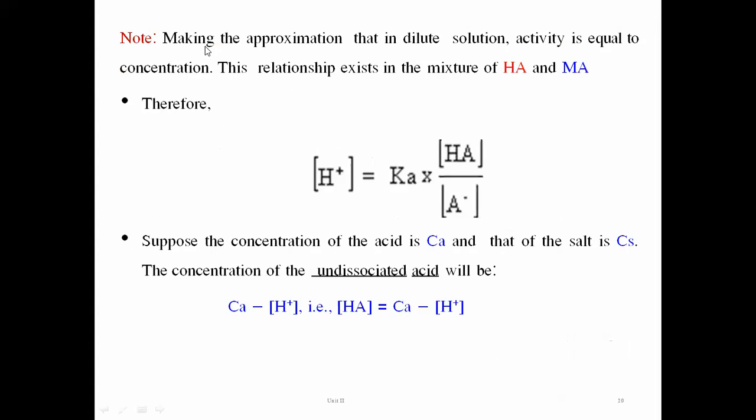Now, making the approximation that in a dilute solution, activity is equal to concentration, this relationship exists in a mixture of HA and MA.